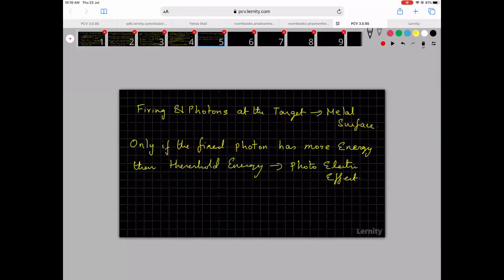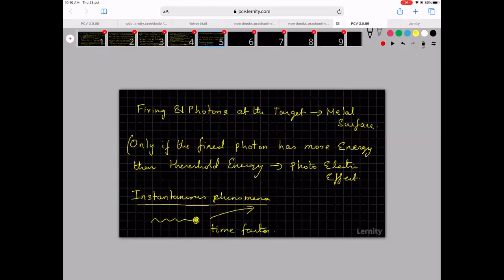Now, this is an instantaneous phenomenon. If light was a wave, then slowly an electron could have been given energy and then the electron could have escaped. Then there would be a time factor. But photoelectric emission is an instantaneous phenomenon, with no time factor.